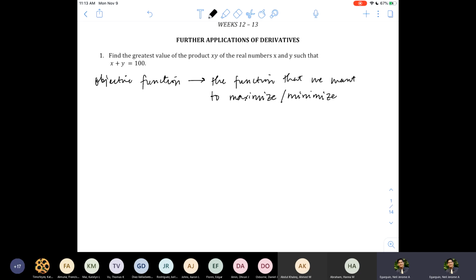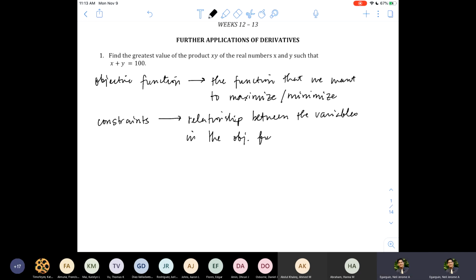So aside from identifying the objective function, we should also identify what are the constraints. For now, you can think of the constraints as the relationship between the variables in the objective function. Right? And again, we only need the constraints if there are 2 or more variables involved in the objective function.